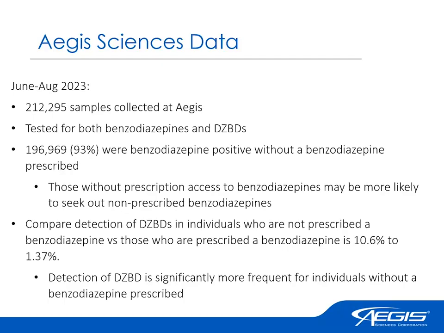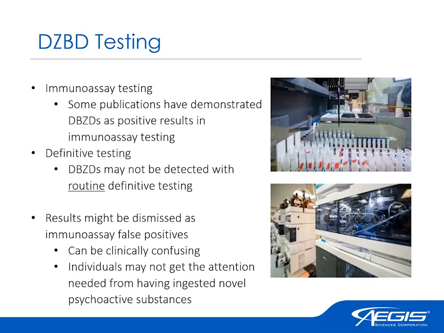While these figures may seem daunting, it is still an underrepresentation of actual positivity, as many samples received at Aegis do not include medical orders for NPS testing. It is of vital importance to understand and utilize this data as we continue to care for individuals in this current environment. Some publications have demonstrated designer benzodiazepines as unexpected positive results in immunoassay testing.